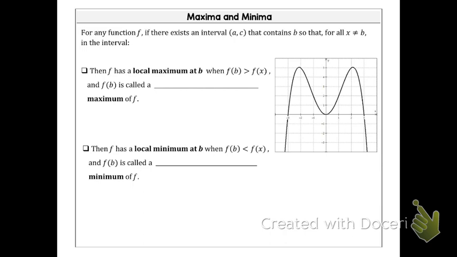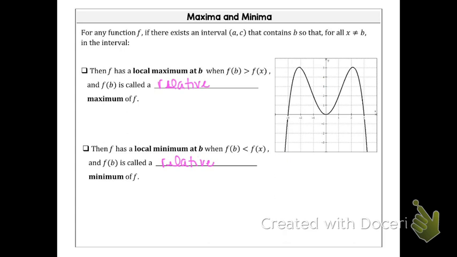So all it's saying there is basically if we have some hilltop, or if it's an end point that's up, then we're going to have what they call either a local or a relative maximum of f. And then if f has a local minimum at b, then f of b would be called a relative minimum. So relative and local mean the same thing, okay? They're just two different vocabulary words that are talking about the same exact location.